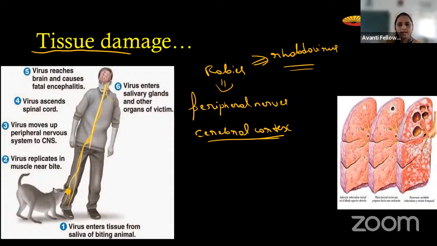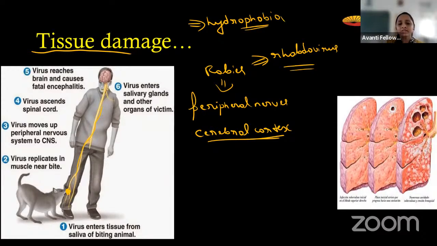After that, when it reaches the brain, multiplication happens, and then the virus reaches the saliva of that person. Students, we call rabies hydrophobia also. Why hydrophobia?